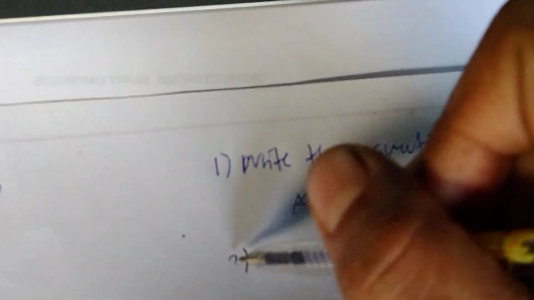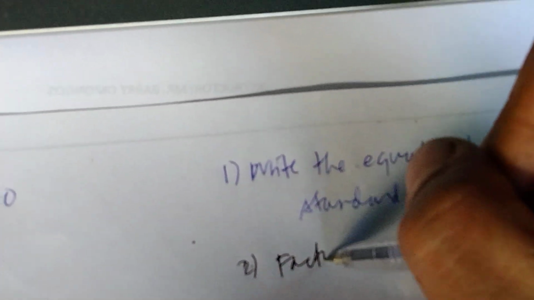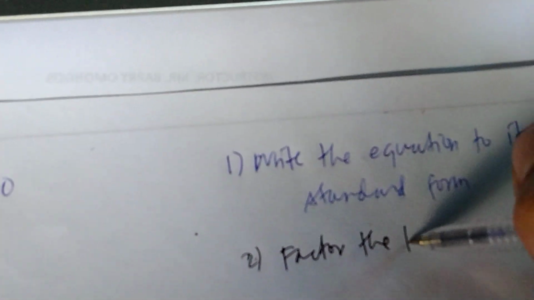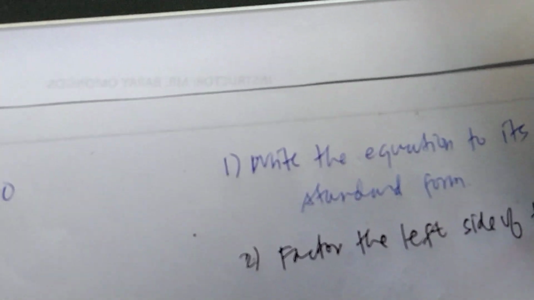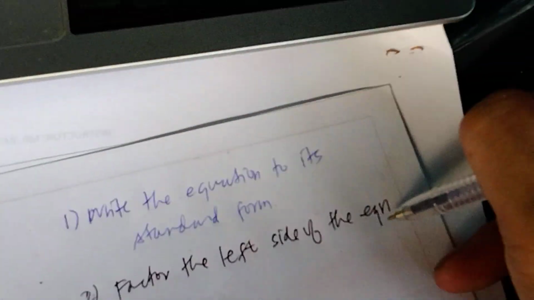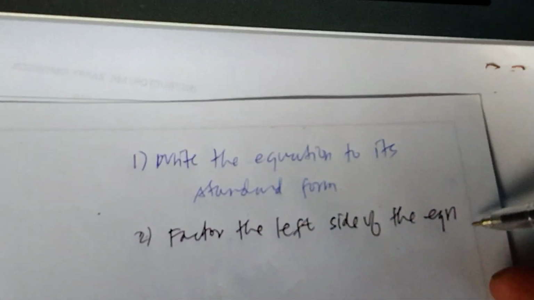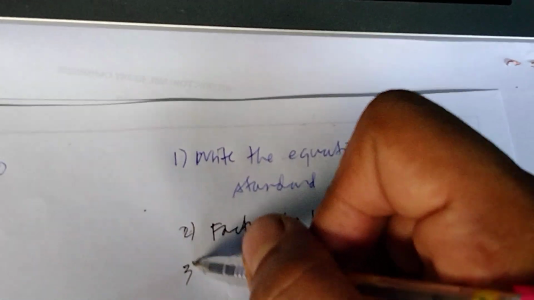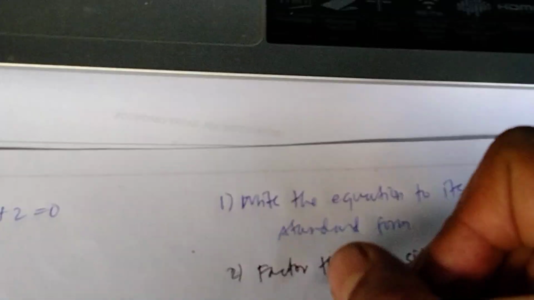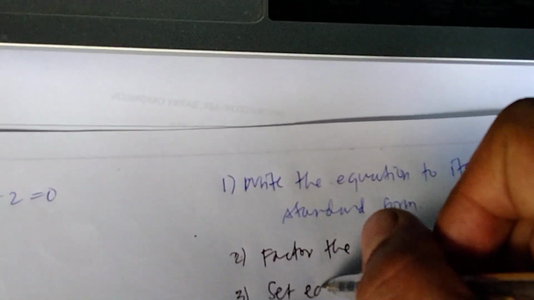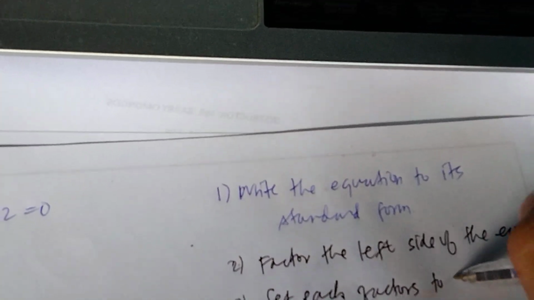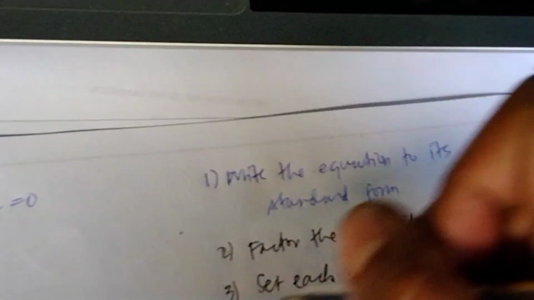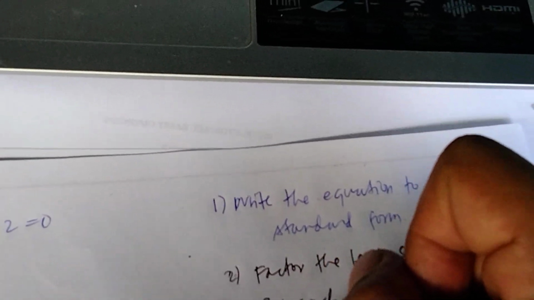Meaning, the right side is 0 already. Step 2, factor the left side of the equation. Then, number 3, when you already get the factors, set each factor to 0. Then, step 4, solve.